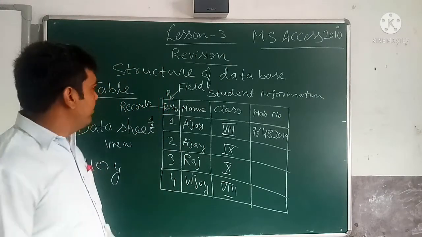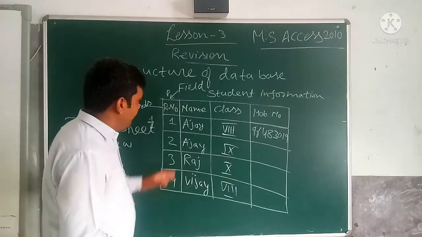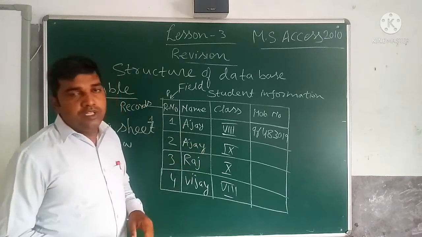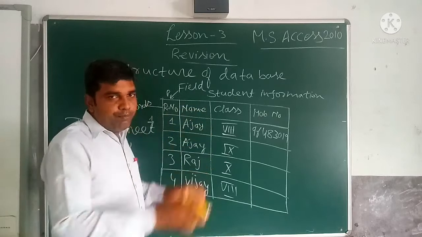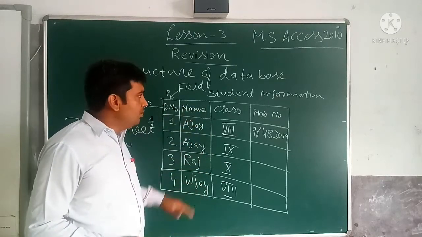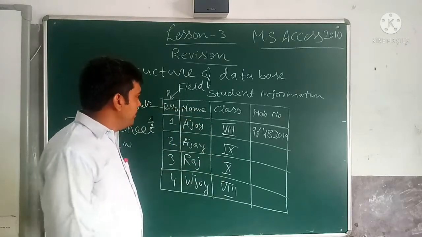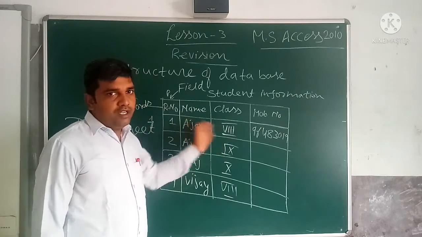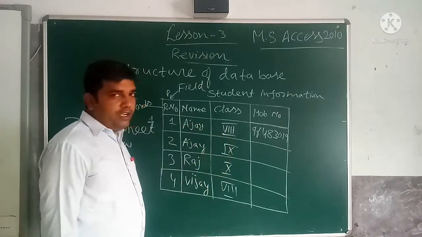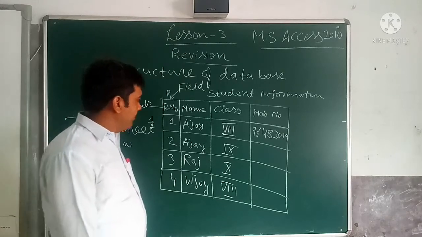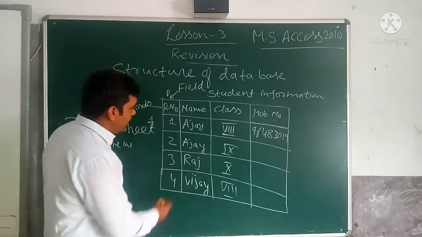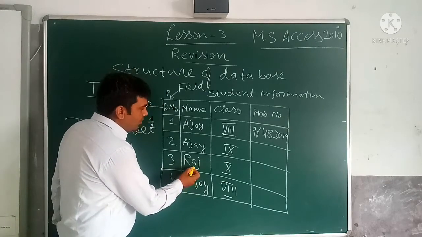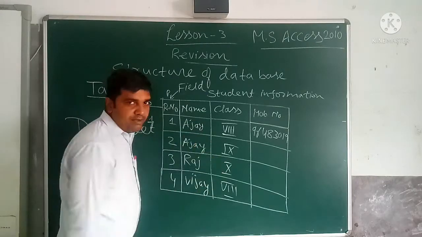Okay. Next is the form. We can open the table in the form view also. Whenever we open the table in the datasheet view, at one time on the screen you can see many records, many rows, at least 15 rows. While I am entering record 3, records 2 and 1 are also visible on the screen.